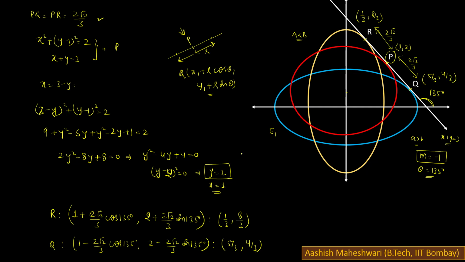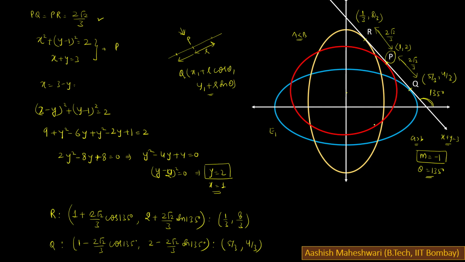Now how will you use these points? Understand this. You can see here, consider the ellipse E1, which is x square upon a square plus y square upon b square equal to 1. You can see this point is on E1.